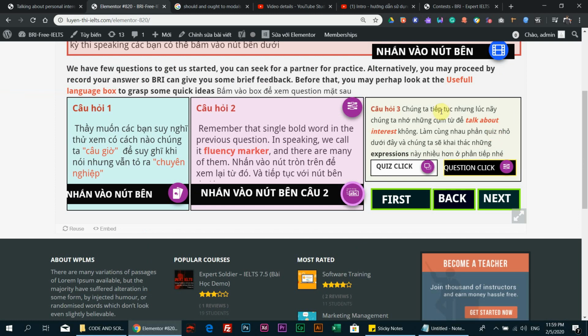With question 3, if I have to remind you, we have so many fluency markers so far, right?